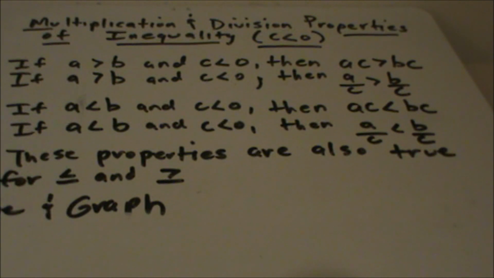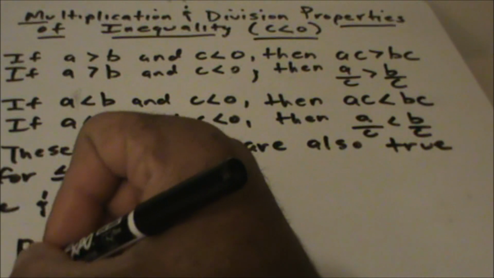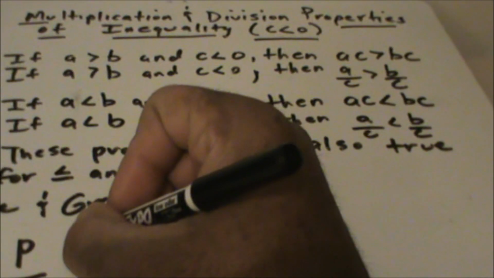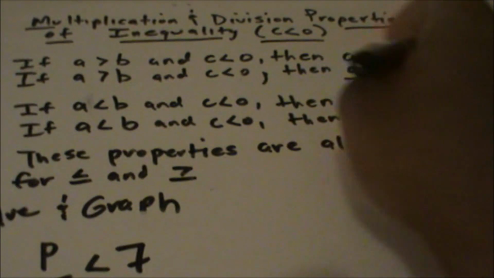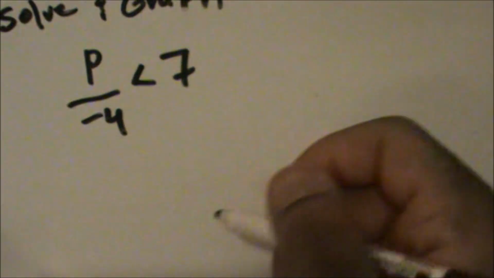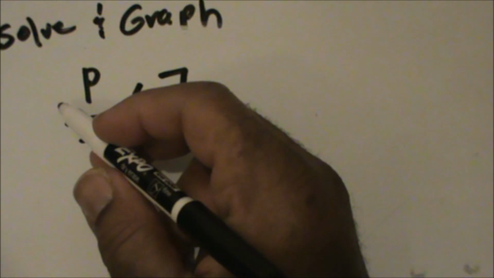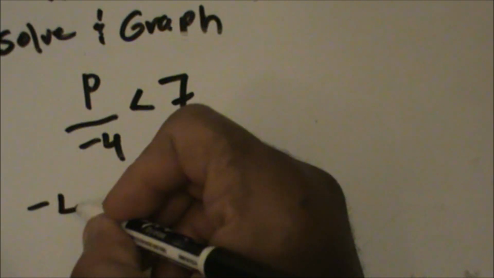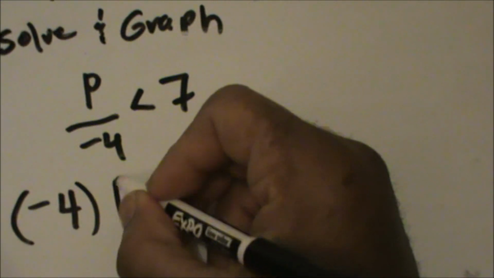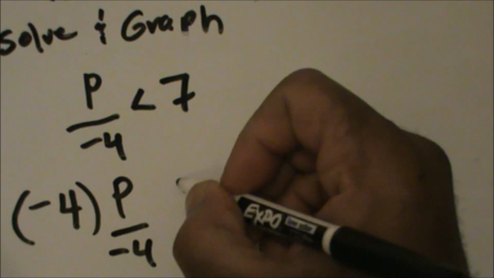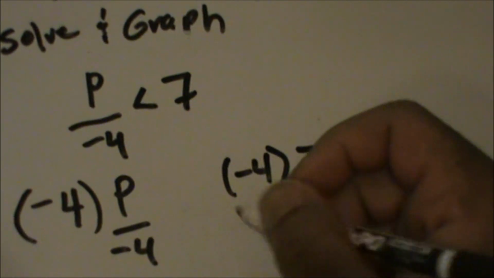Let's do this one. P over negative 4 is less than 7. We're going to solve and graph. As before with the fractions, we multiply by negative 4, a whole number. Negative 4 times P over negative 4, and then negative 4 times 7. And guess what again?